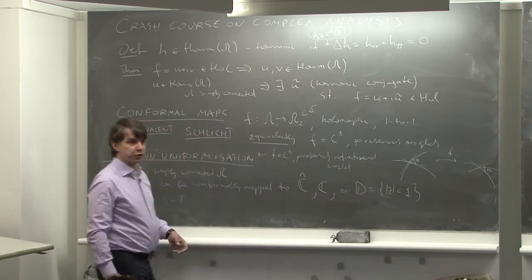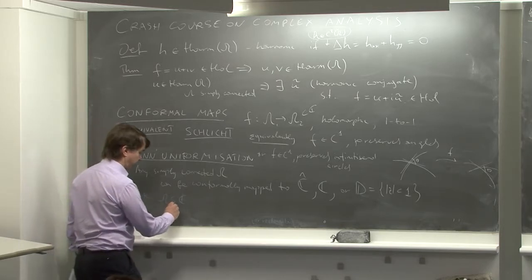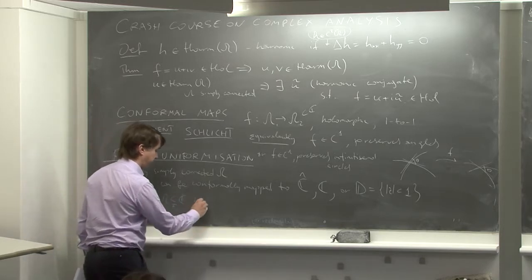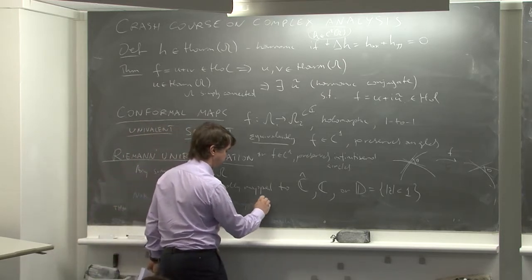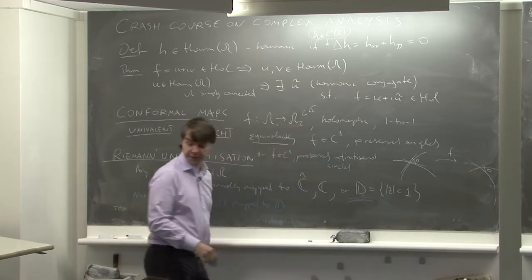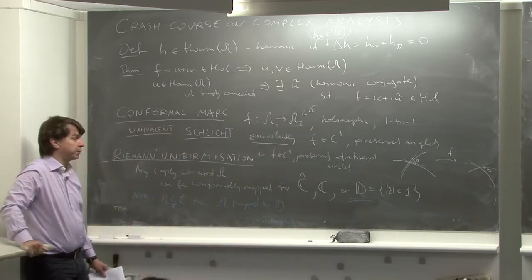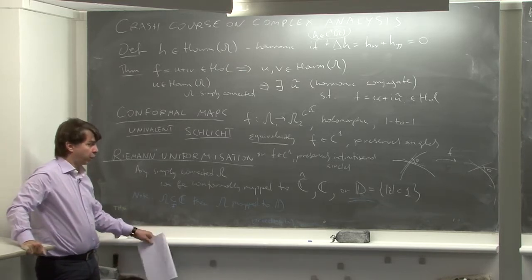So essentially, if omega is in C and omega is not equal to C, then omega is mapped to D. So the interesting thing for us is that any bounded simply connected domain can be mapped to D.